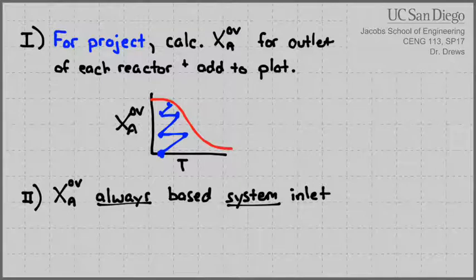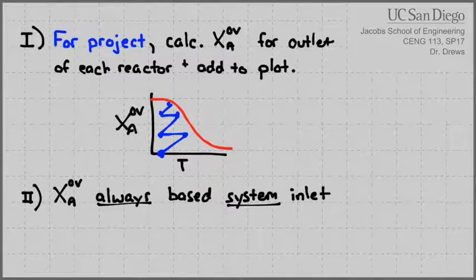We never have to calculate another equilibrium curve, and we never have to calculate another energy balance, except after the first one based on the inlet conditions. And that's the most frequent place where you can kind of get caught up in your head. Because if I try to calculate that based on one of the other reactors, all those numbers are going to change. And like I said, that derivation exists, and it's going to get posted along with this lecture on TED. But it's kind of a pain in the neck, because it's like analyzing those reactors all by themselves, which is possible. You have all the tools to do it.